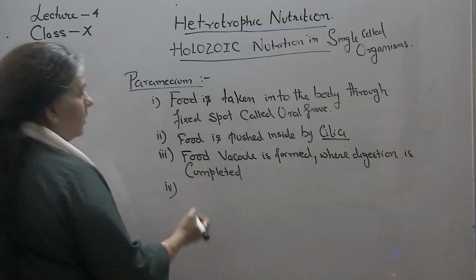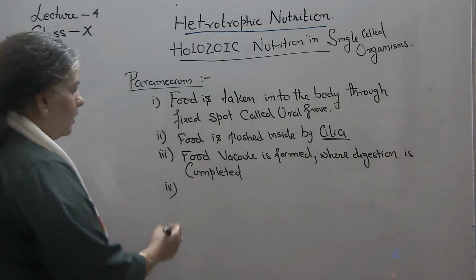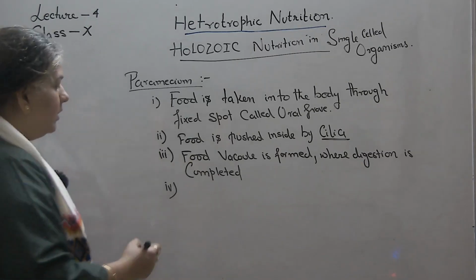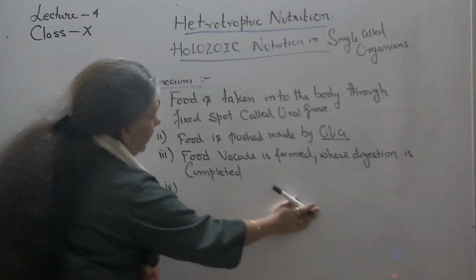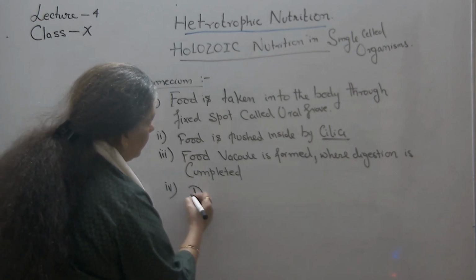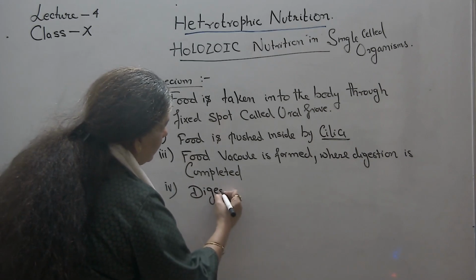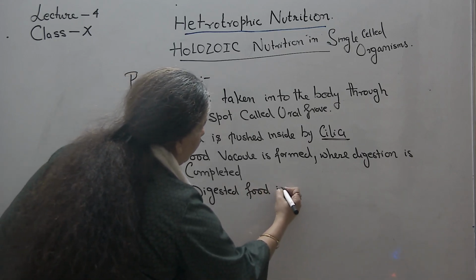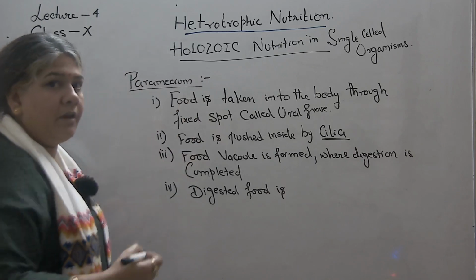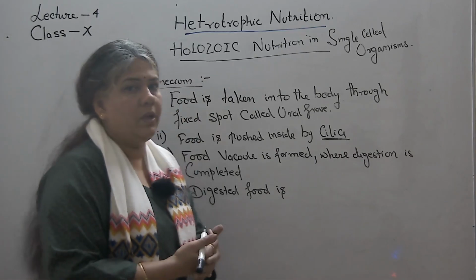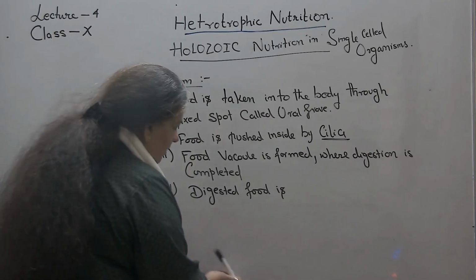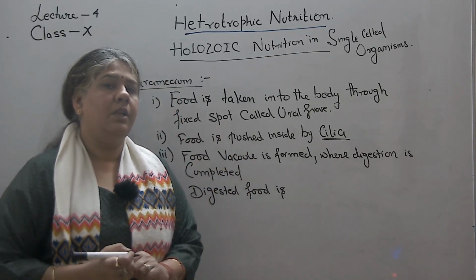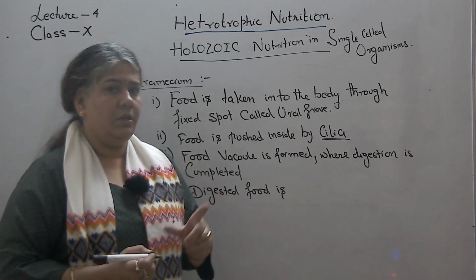Fourth point, digested food is utilized by the body, or it is assimilated in the body. Assimilated means it becomes part of the body, or it becomes such small molecules that it is absorbed by the cells to produce energy.